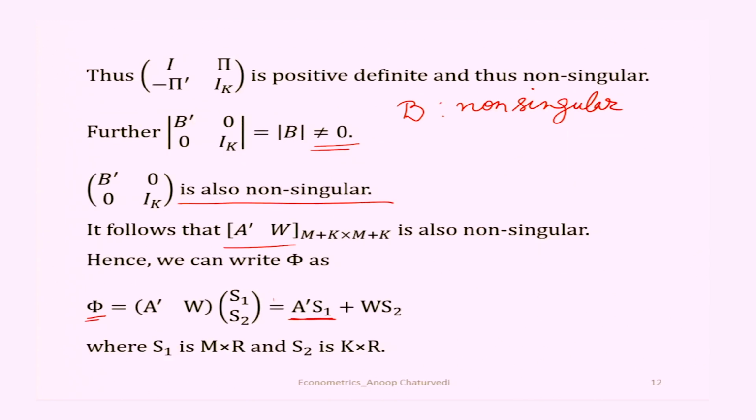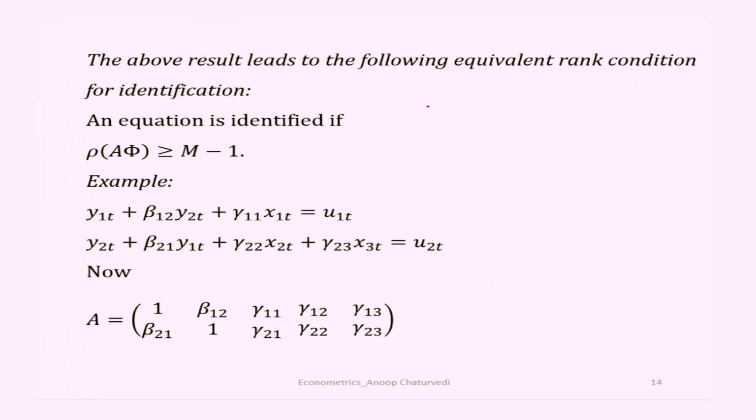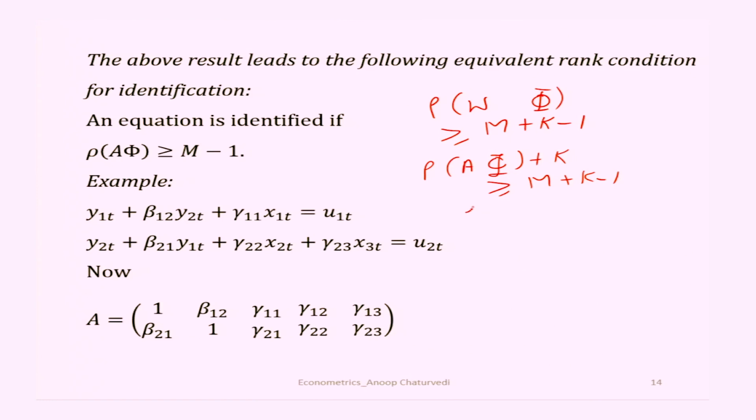So, rank of w phi greater than or equal to m plus k minus 1 is equivalent to rank of A phi plus k greater than or equal to m plus k minus 1, or rank of A phi greater than or equal to m minus 1. So, we get the rank condition from here.